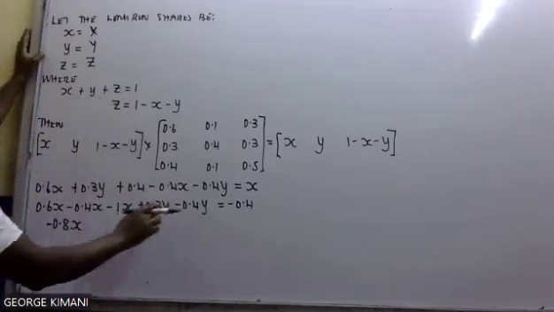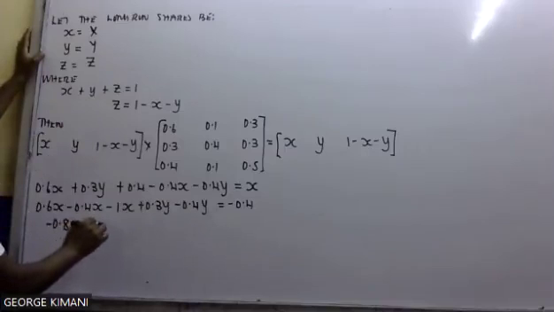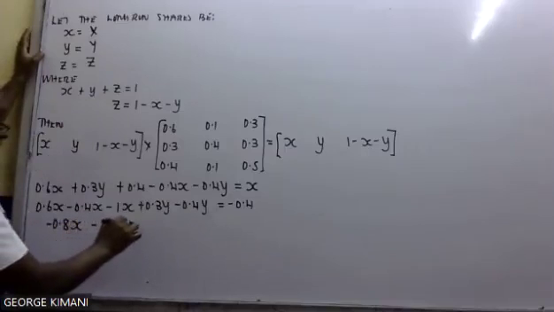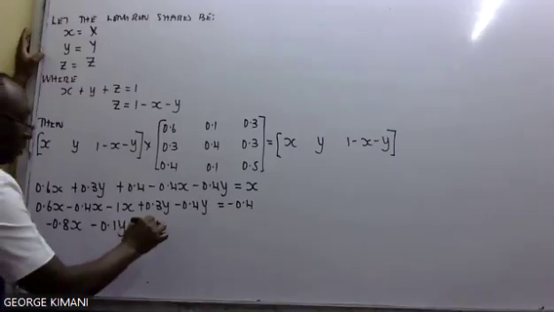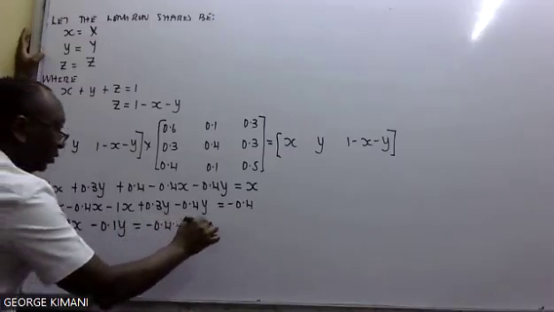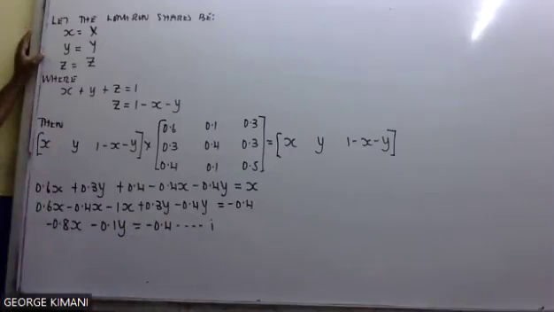Then 0.3 minus 0.4 is minus 0.1y, equal to minus 0.4. That is equation number 1.